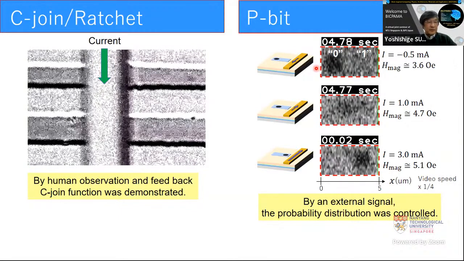By the current in this additional wire, we apply an asymmetrical magnetic field and control the probability distribution. It functions as a pivot. Those devices are functioning by using huge energy. To realize ultra-low energy devices, we need a built-in type feedback mechanism that I will show you in the next slide.